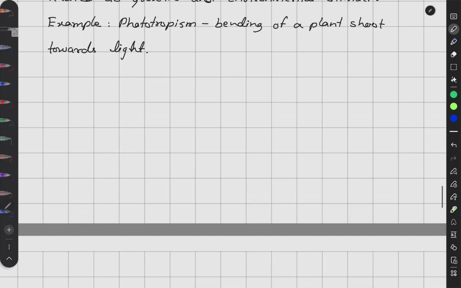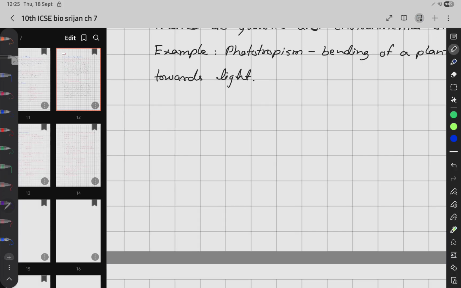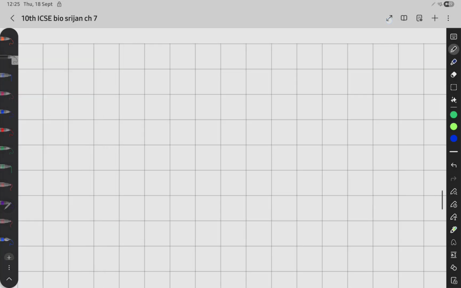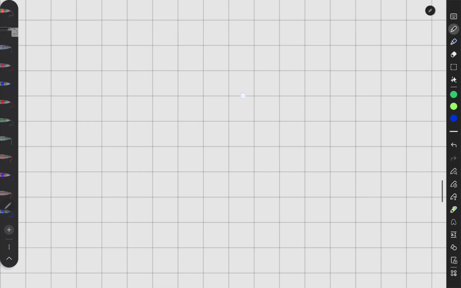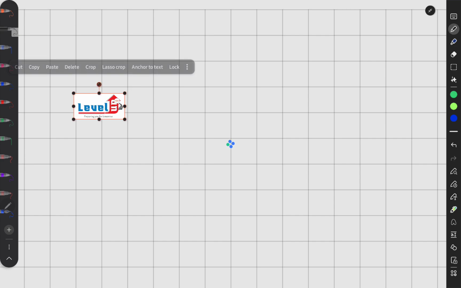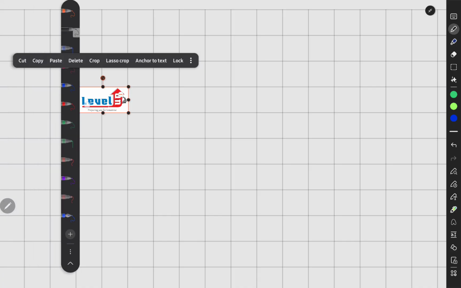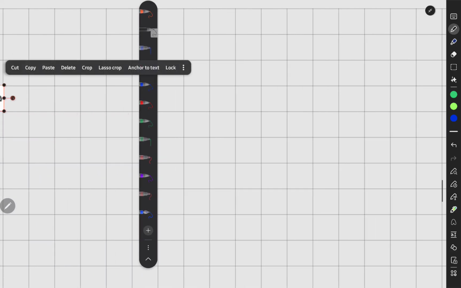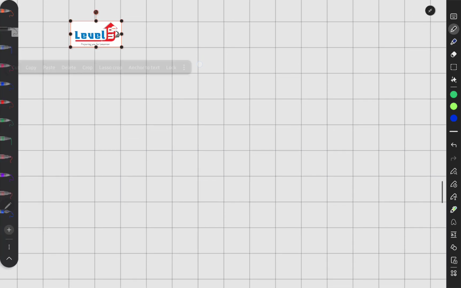The next question is question number 3. What is phototropism?